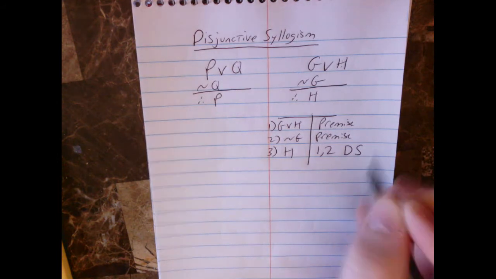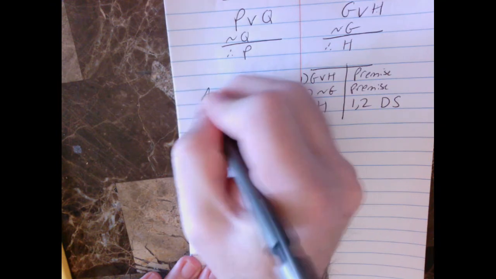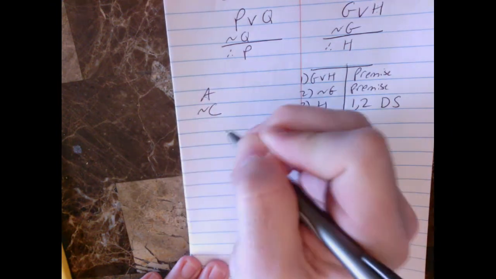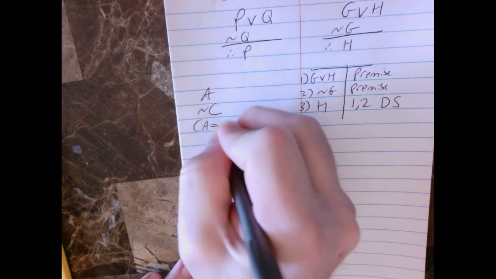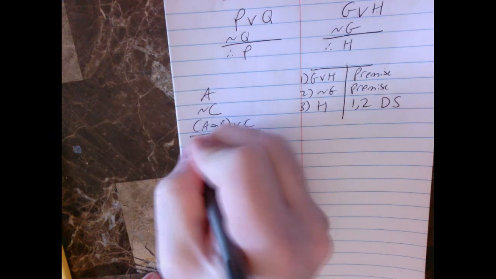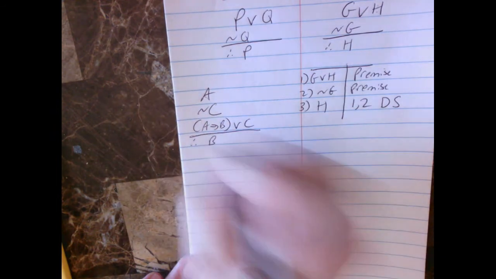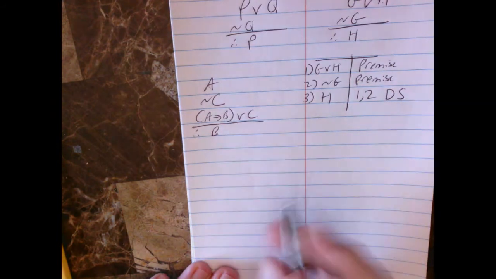All right, let's do another one. How about if I gave you A, negation of C, and if A, then B or C. And we're going to try to prove B. Okay, so there's our setup of what's given and what we're trying to prove.